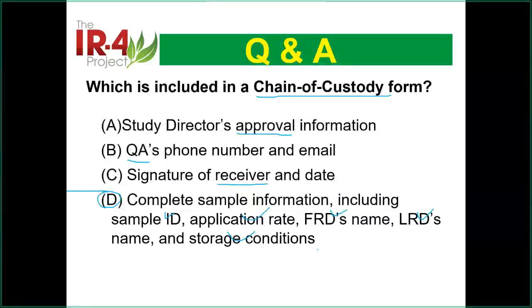This sample is moving from Princeton, New Jersey to East Lansing, Michigan. So that form is the record to show this sample is moving from this location to that location, by whom and when. So that's the chain of custody form. That's its purpose.